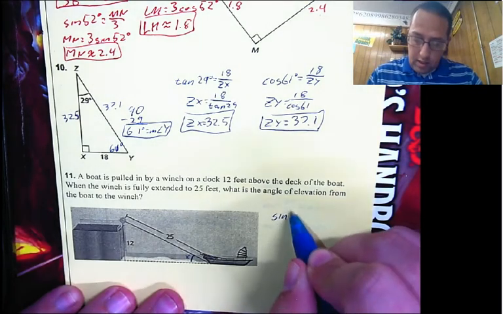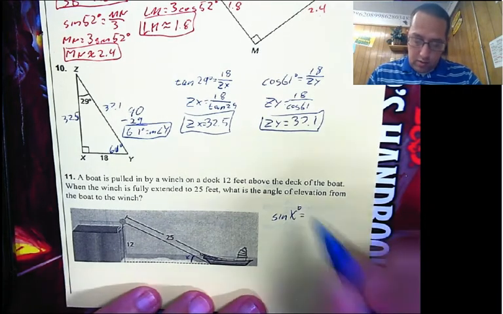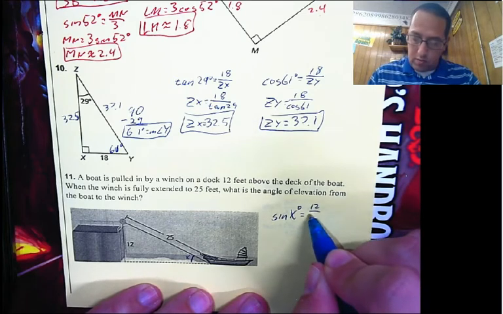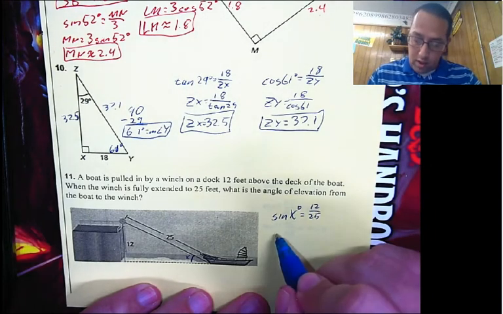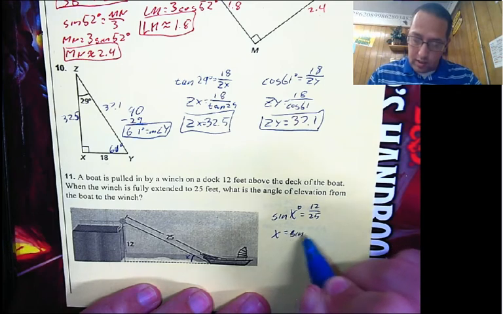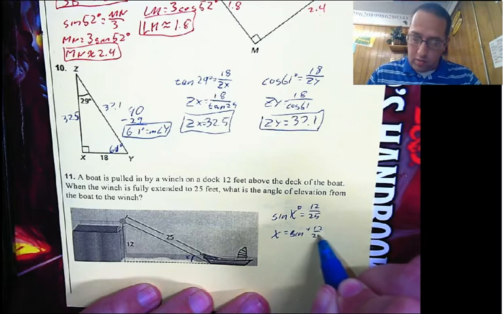So sine of x degrees is equal to opposite of 12 over hypotenuse, which is 25. So we're going to do the inverse, and so x is equal to the sine inverse of 12 over 25.